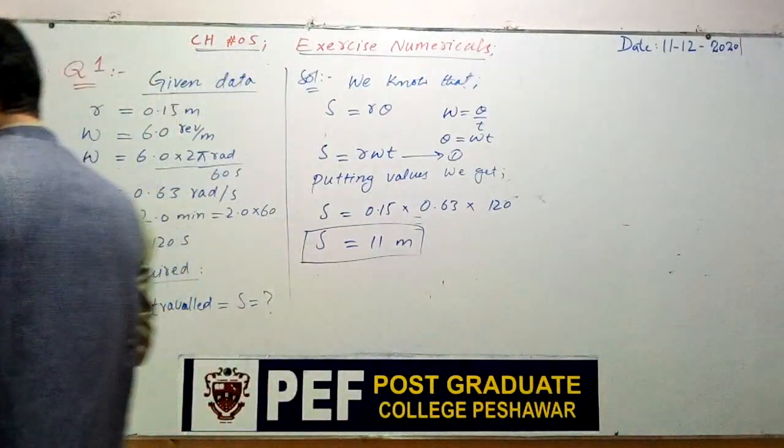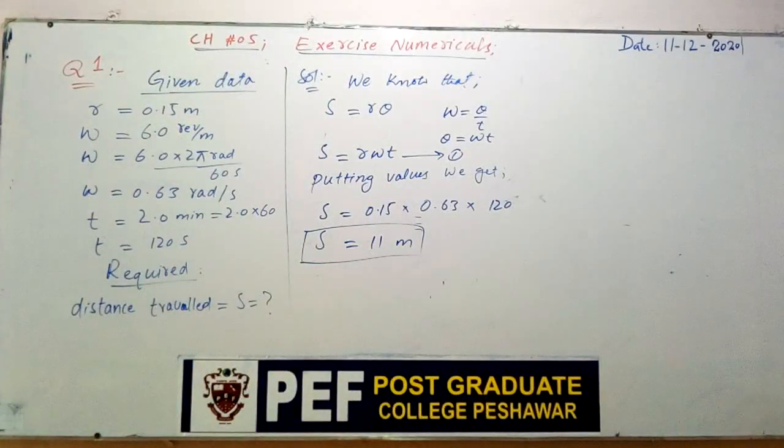Now in the second question, it is stated that a circular drum of radius 40 centimeter. Question number 2.